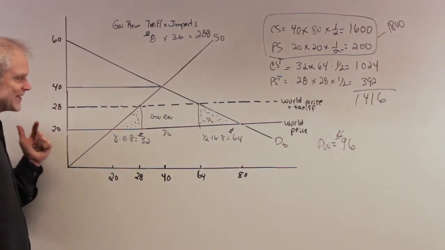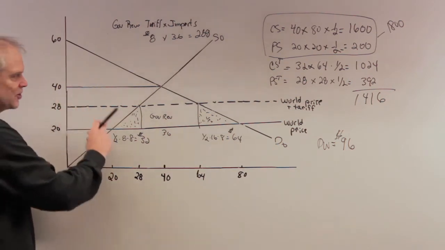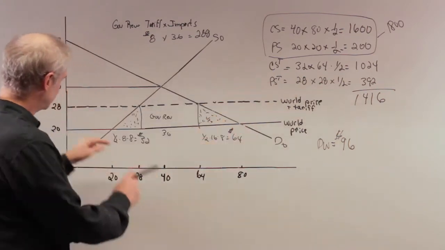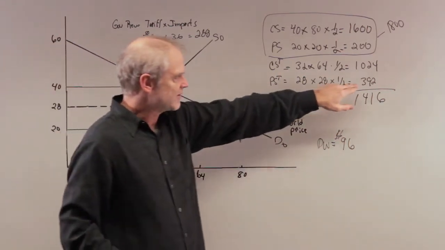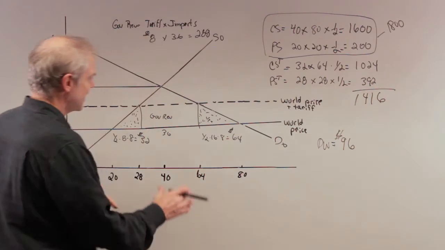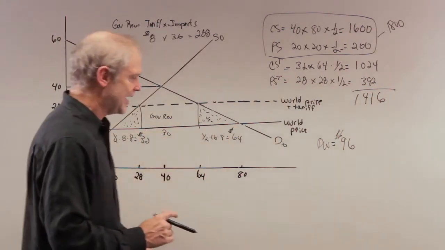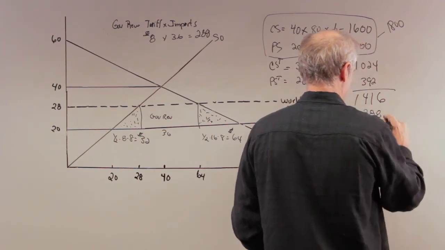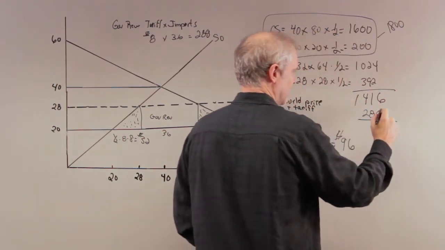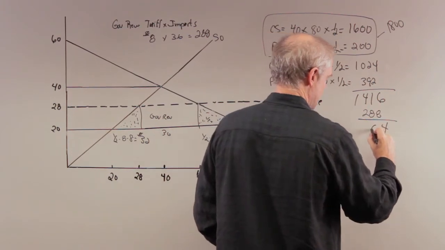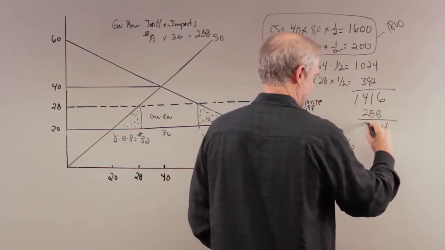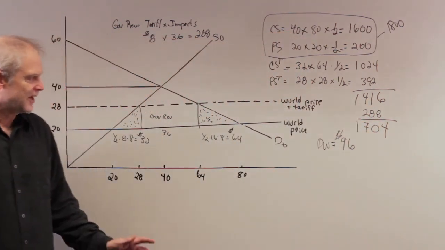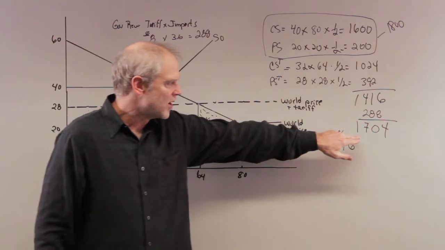Well, the total surplus after the tariff is consumer surplus with the tariff, 1024, plus producer surplus with the tariff, which is 392, plus the government revenues, which we said was 288. So let's put 288 right here. And this is now 4, right? This is 0. This is 7. And this is 1. So now the total surplus with the tariff is 1704.